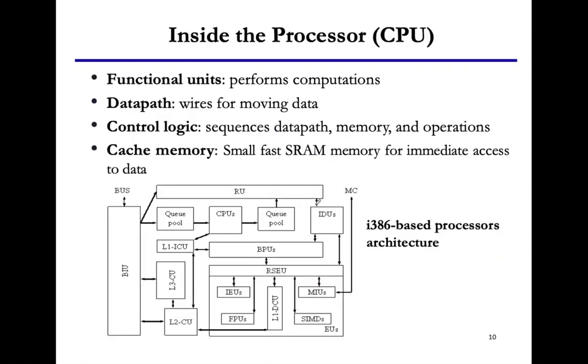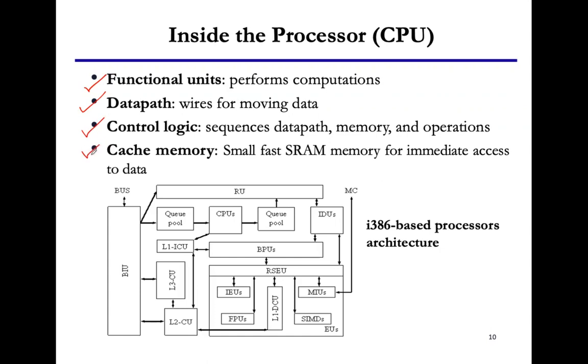So inside the processor, inside the CPU, what are the main components that we see? One is the functional unit, another one is the data path, control logic, and cache memory.